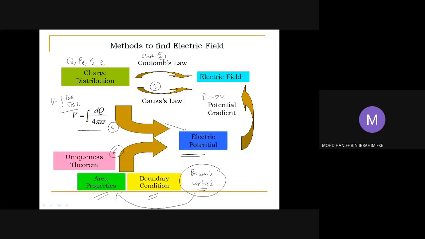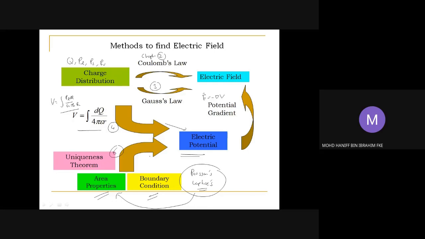So we have two options. We're going to learn in detail after this what is meant by Poisson's and Laplace's equations. But up to now, we have learned that the uniqueness theorem is used to calculate the potential, and afterwards we can find the electric field. So in the uniqueness theorem, there are two pieces of information that need to be supplied: the area properties and the boundary conditions.